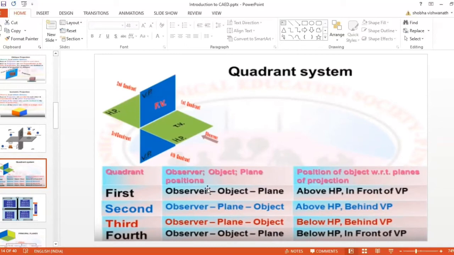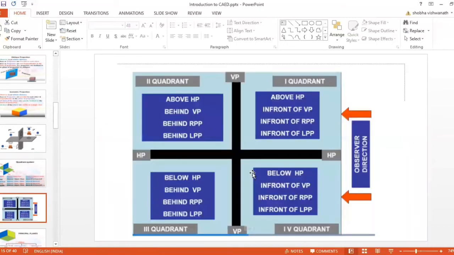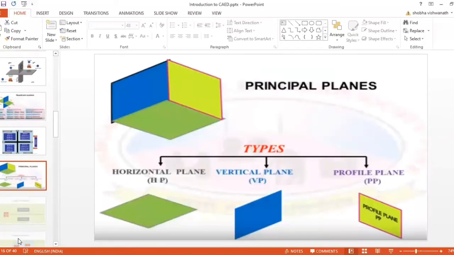That will be the first quadrant: observer, object, and plane, which means the object is in between the plane and the observer. We have four different quadrants: first, second, third, and fourth quadrant. To learn the basics of orthographic projection, we concentrate only on the first quadrant system.